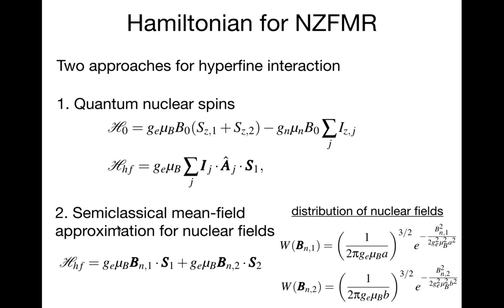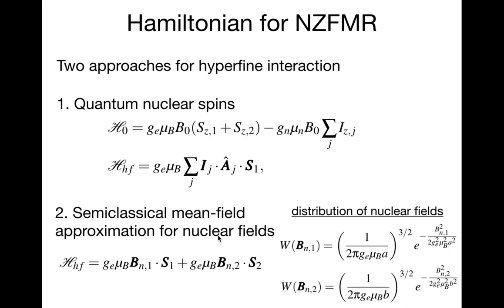An alternative is a semi-classical or mean field approximation for the nuclear fields. This takes into account that different defects will experience different numbers of nuclear spins near them. For instance, in silicon, silicon-28 does not have a nuclear magnetic moment, but silicon-29 does.